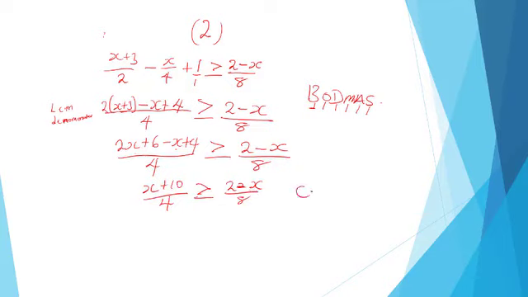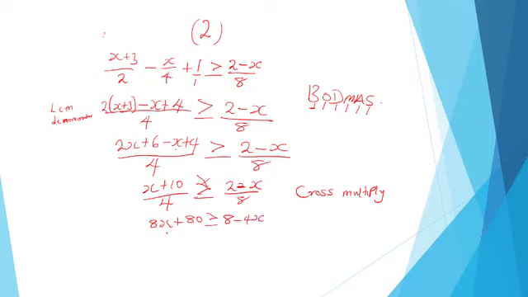So the next step is for us to cross multiply. So in cross multiplication we now have a function of this kind. So 8 times x here is 8x plus 8 times 10 is 80. Then it's greater than or equal to 4 times 2 is 8, 4 times minus x is minus 4x.